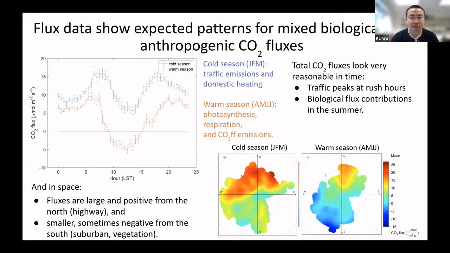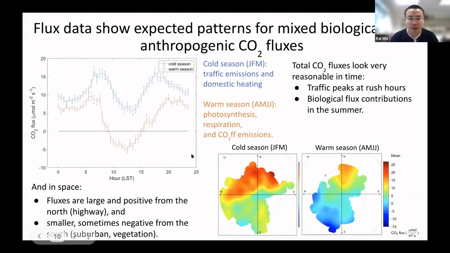In the cold season, which we define from January to March, there are 2 prominent emission peaks during the rush hours, which is related to the traffic emissions. And in the warm season, which we define from April to July, we can see a photosynthetic uptake during the afternoon, which is corresponding to the biogenic CO2 fluxes.